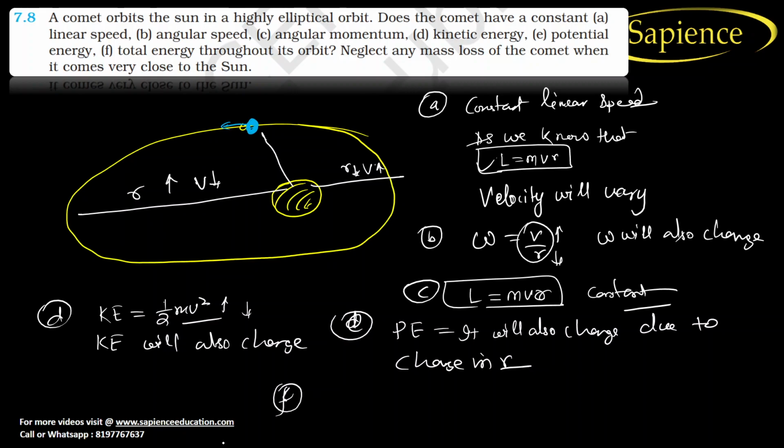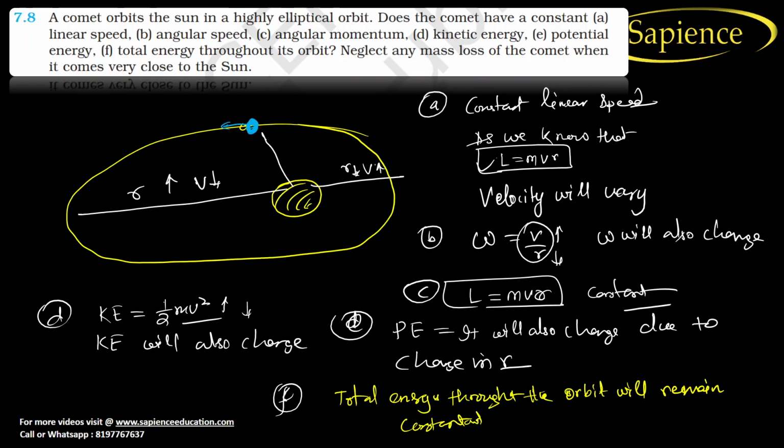Now the fifth one, they are asking whether total energy throughout the orbit will change. So total energy throughout the orbit will remain constant because gravitational energy is conservative.